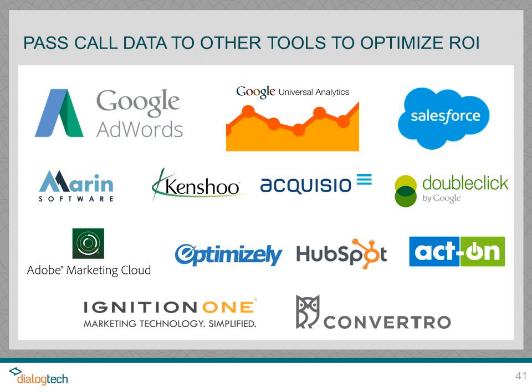These tools work great for online conversions, but they don't track offline conversions like phone calls, and this is one way to plug that very important data from mobile directly into those tools, so you can start using that data to really understand what's happening and optimize campaigns for the keywords and the ads that are actually driving calls as well as clicks.